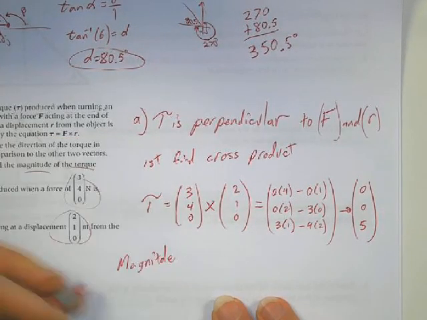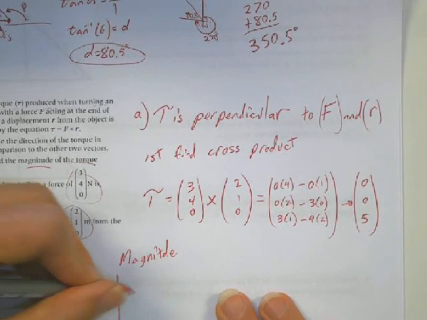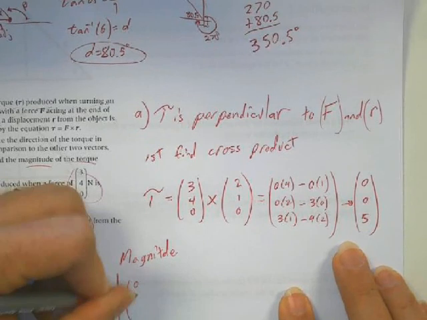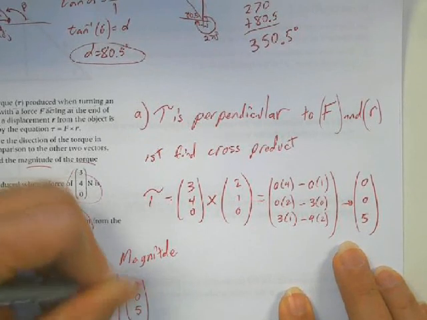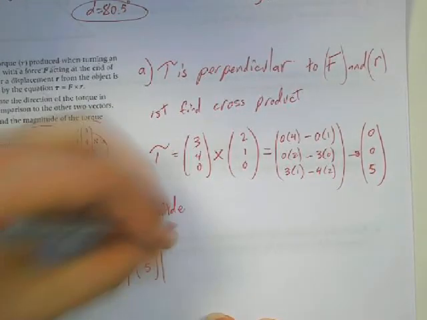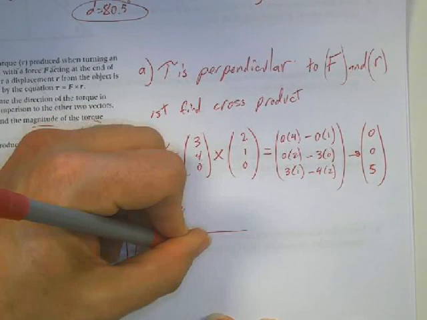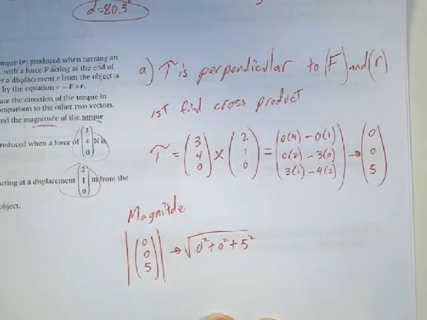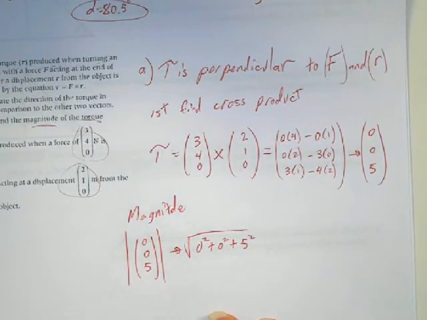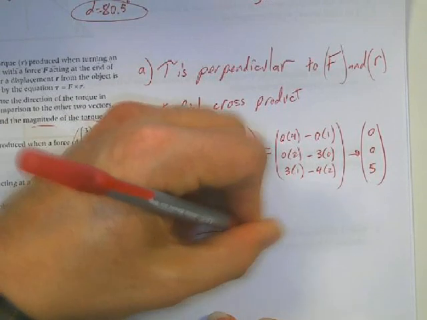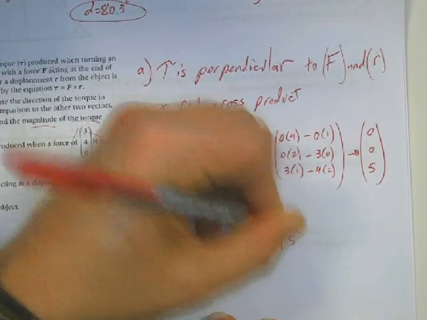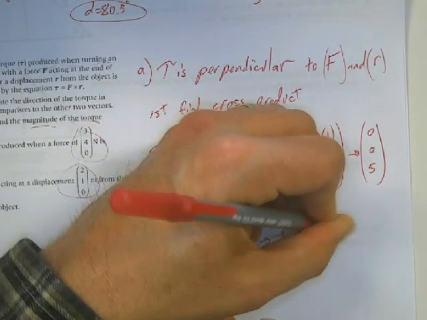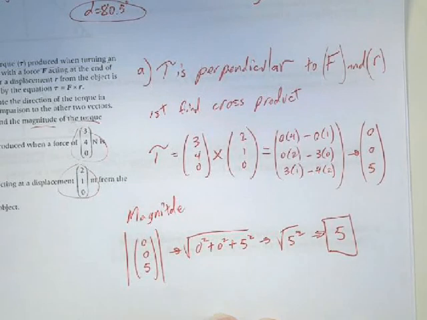We need to take the square root of these values here, and you should quickly see that the square root of 5 squared is simply 5. Okay, and that is H12A.